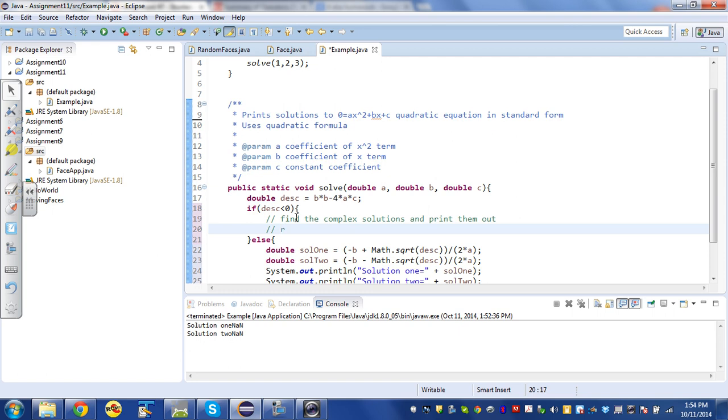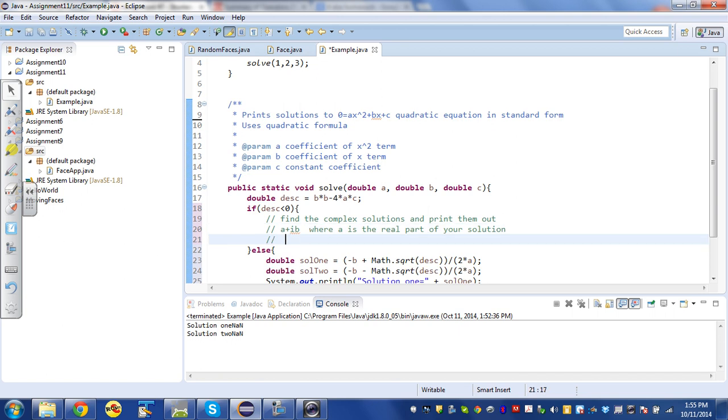So the print statements should come to something like a plus i b, where a is the real part of your solution and b is the imaginary part. Okay, so this is for a complex number.